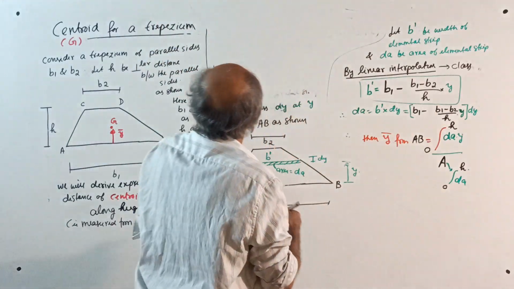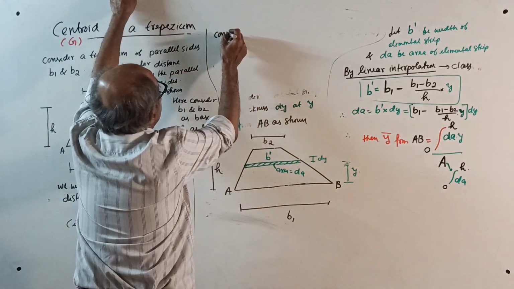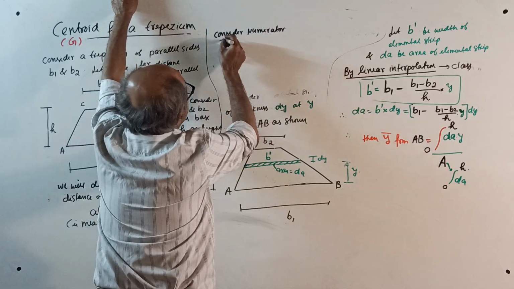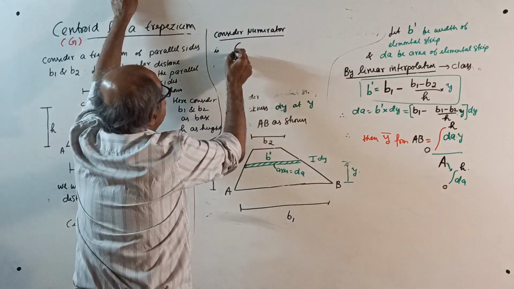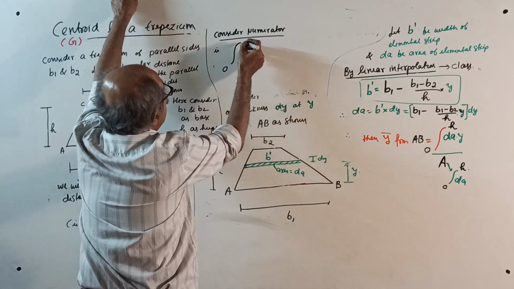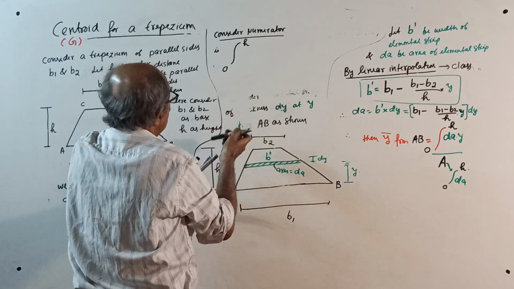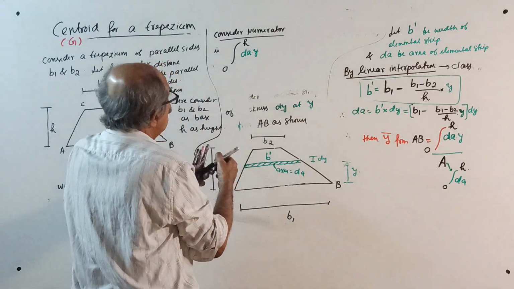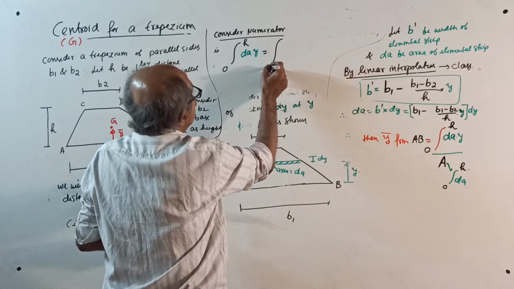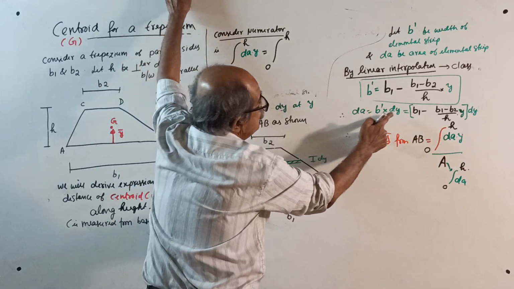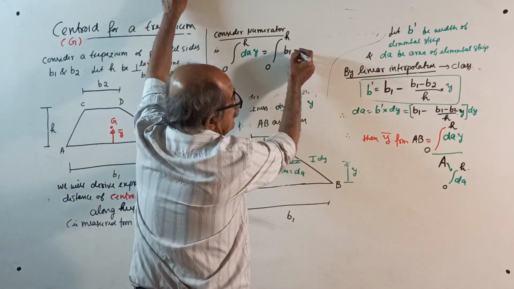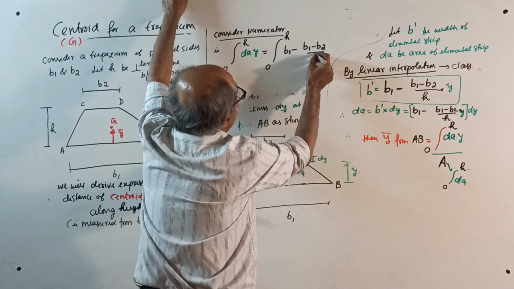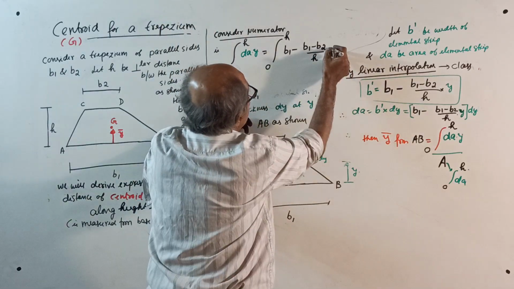Now consider numerator. That is integration 0 to h of dA into y, equal to integration 0 to h of dA is here, b1 minus b2 divided by h into y.